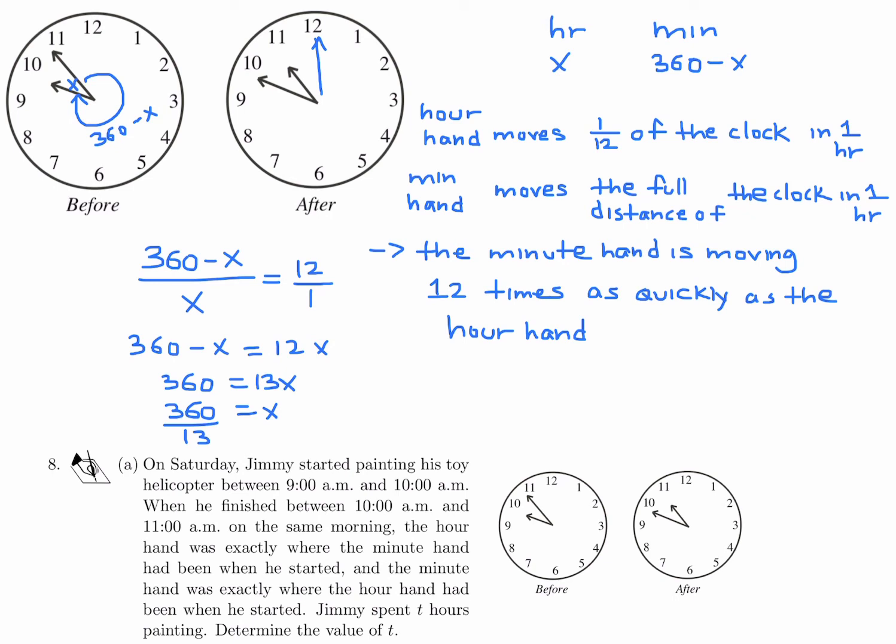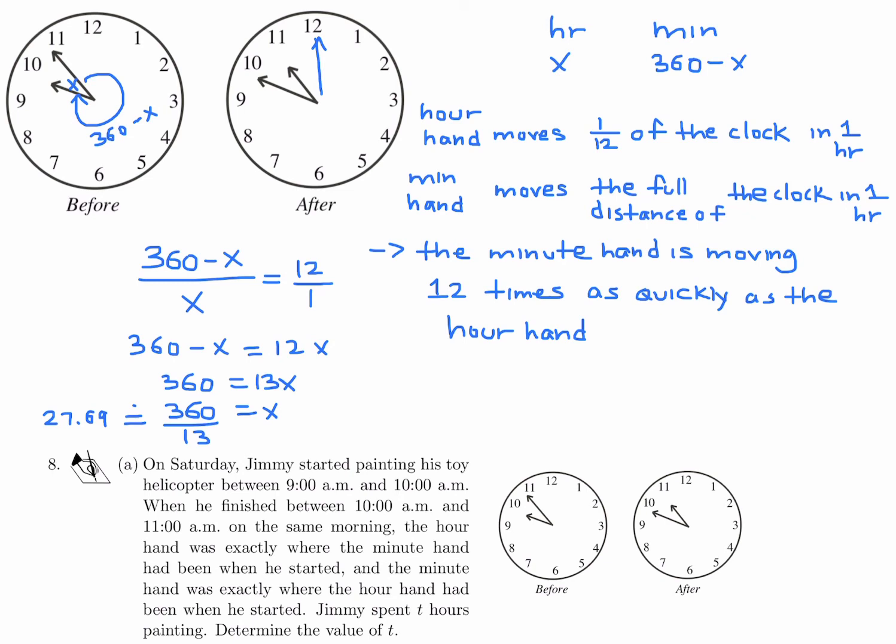Okay, we got X, but we have to figure out T. T is the time. Well, the time is basically represented by this. That is giving you degrees, but once you have the degrees, you can easily figure out the time in hours by dividing by 360.